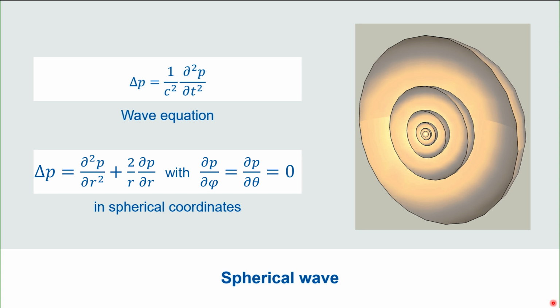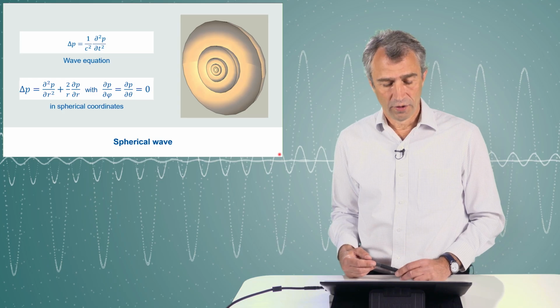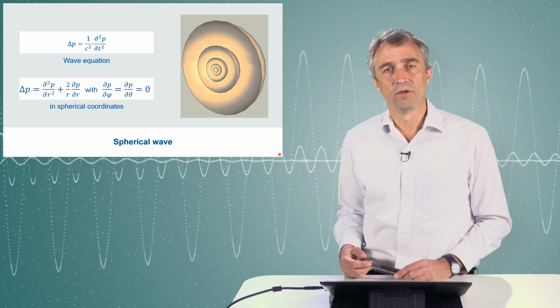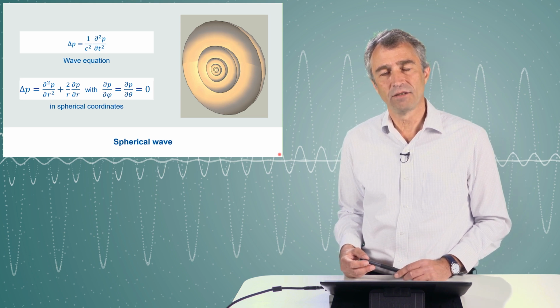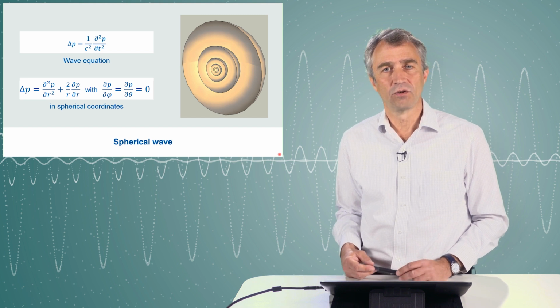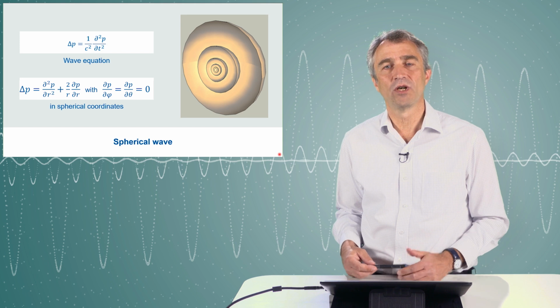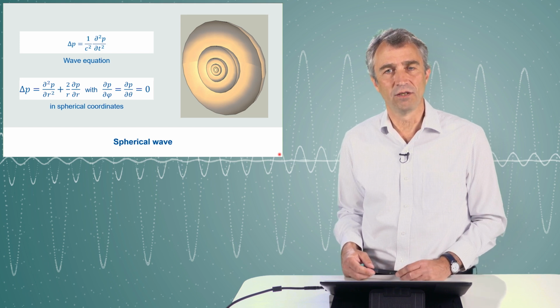And obviously in the center there must be something which is called a sound source. Now, the wave equation is considered again with the Laplace operator and the right side, c square, and the second derivative to time. And with the consideration of no dependency in angles, which means the azimuth and the elevation angle have no contributions to the Laplace operator, we just have a simple equation according to the radius.